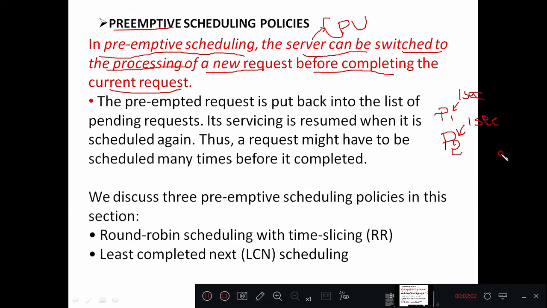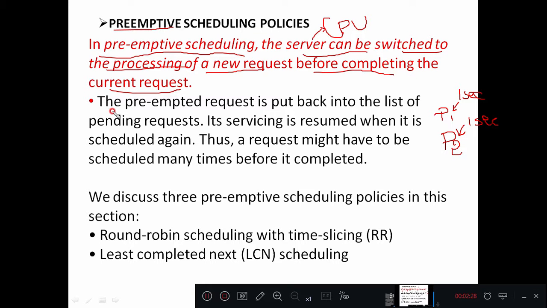So what is the advantage of this? In this manner, the operating system is providing a fair service to all the processes. In such cases, a short process does not have to wait for a longer time, and even long processes have to give priority to the lower priority process also.